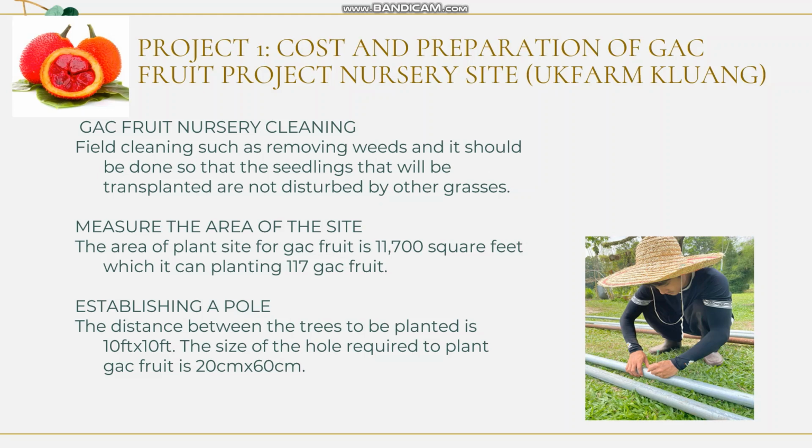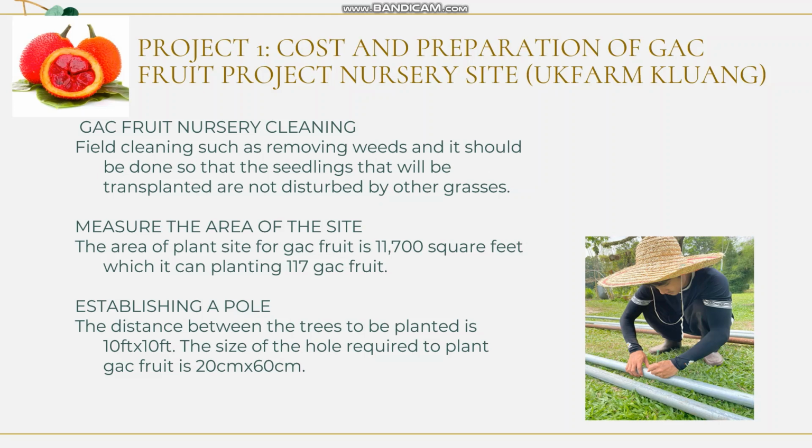Fruit nursery cleaning. Field cleaning such as removing weeds should be done so the seedlings that will be transplanted are not disturbed by other grass. Second, I measured the area of the site. The area of the plant site for fruit is 11,700 square feet, which can be planted with 170 fruit trees, and then establishing a pole.